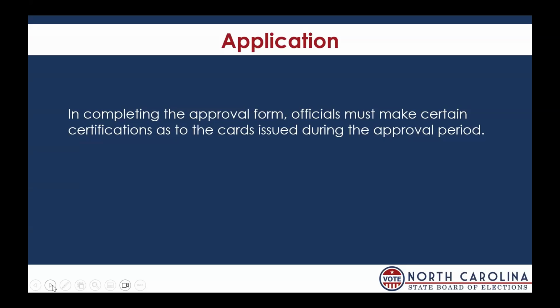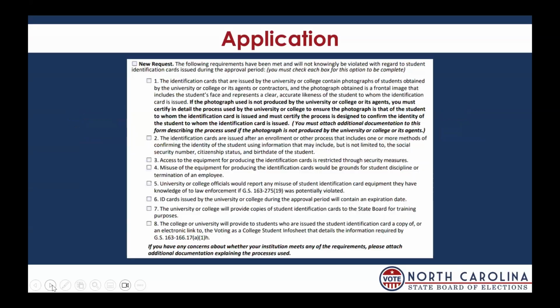And hopefully, if we move to the next slide, you'll be able to see, I know the print's a little small, I did a screen capture here of what those certifications are. So for new requests, the person completing the form will need to certify for all numbers 1 through 8. If the institution is unable to make a certification for any of those numbers, we will be unable to approve the ID. So this is a very important part.